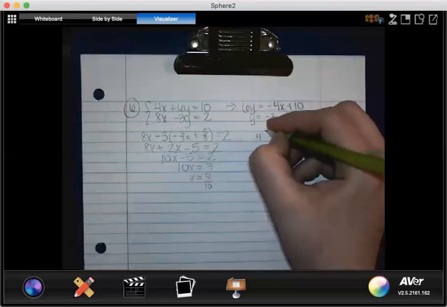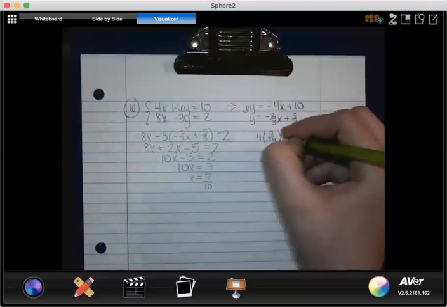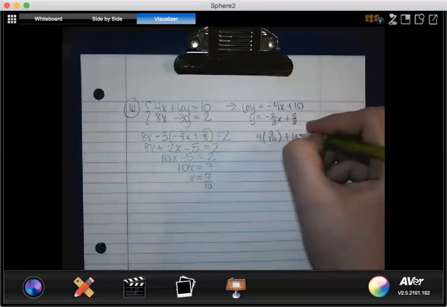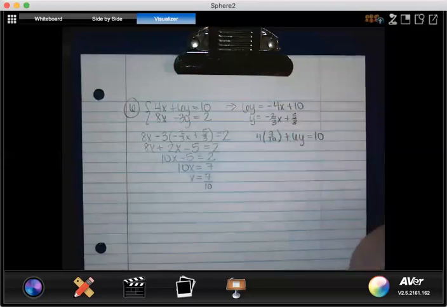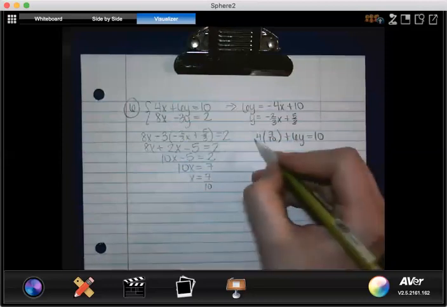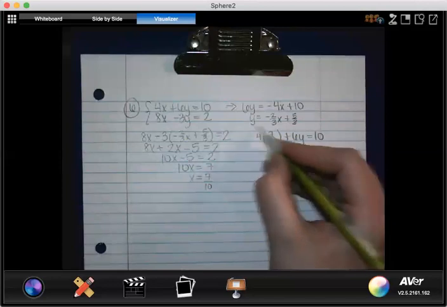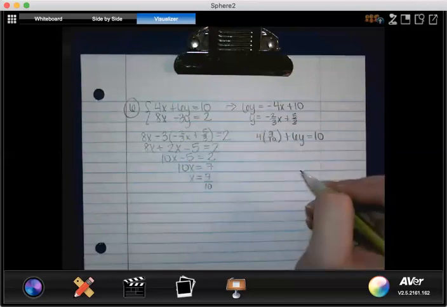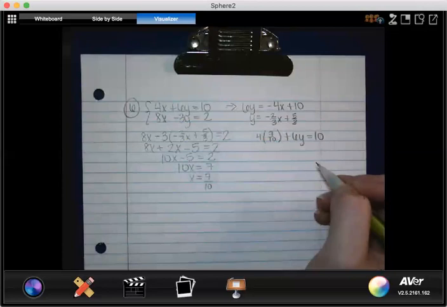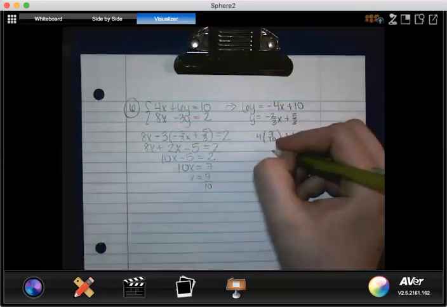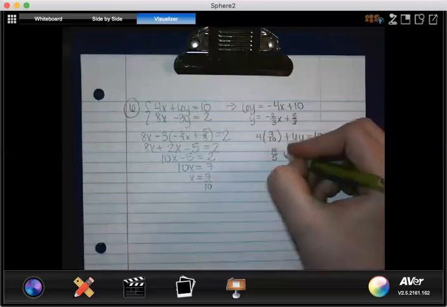So 4 times 7/10 plus 6y equals 10. Okay, 4 times 7 divided by 10, either way you want to think about it, will simplify to 14/5 plus 6y.